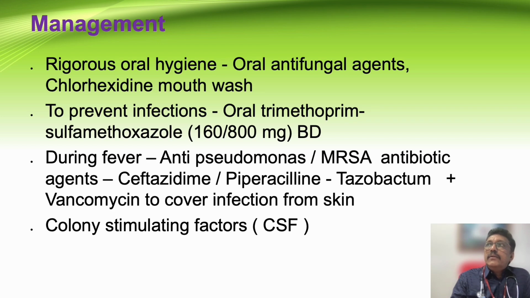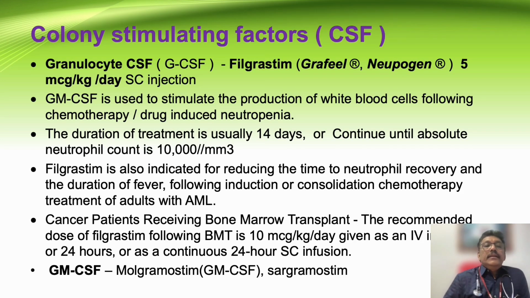Colony stimulating factors are mainly useful in drug-induced neutropenia. So we can give filgrastim 5 microgram per kg per day subcutaneous injection. We can give it for up to 14 days, and continue until the absolute neutrophil count is more than 10,000.